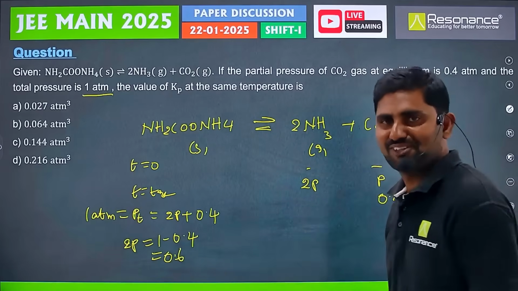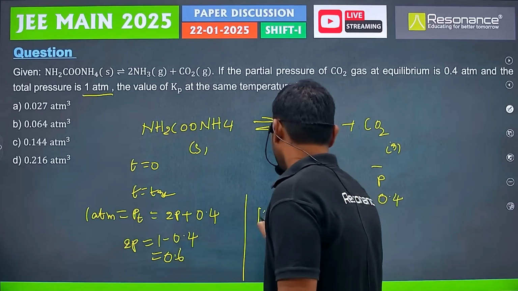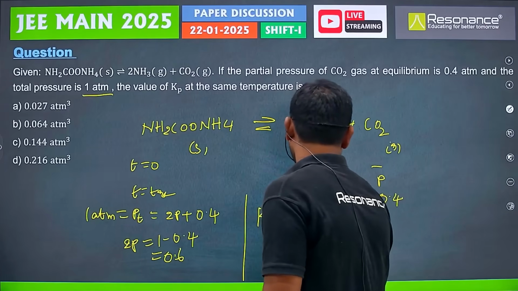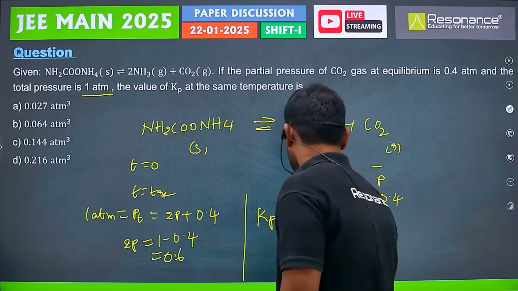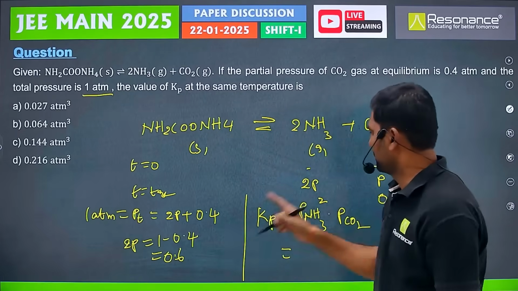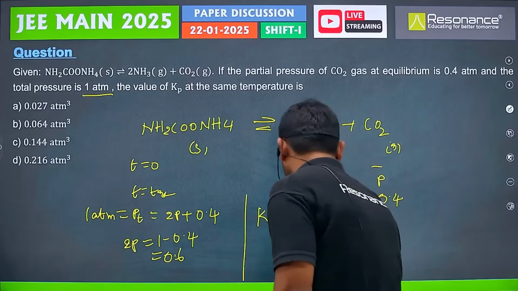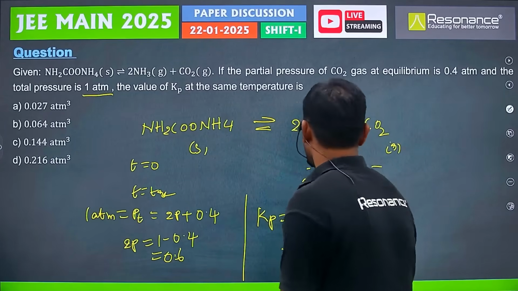Now we can solve using our basic formula again. That's Kp. So Kp equal to P of NH3 square into P of CO2. Now substitute ammonia, the 2P value 0.6. So substitute 0.6 whole square into CO2.